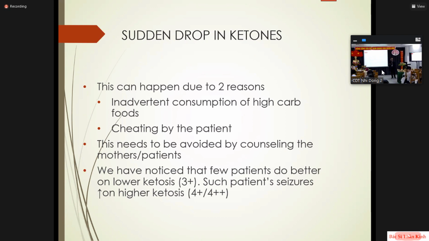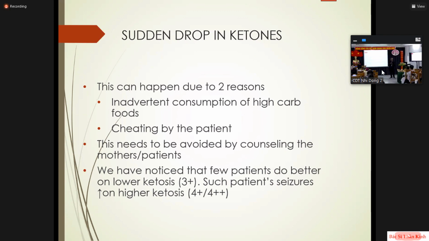Now, we haven't discussed the initiation of the diet in a little more detail. The initiation of the diet can be by the fasting method, right? But with the fasting method, initially the child is lethargic, he is drowsy, and this happens in anyone who is on a water-only fast. So we realized this around 1997, and then we switched the whole thing.